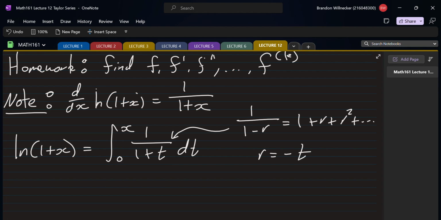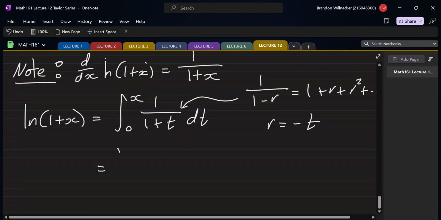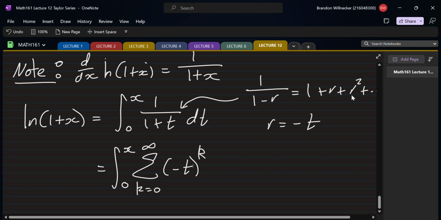Just by substitution, we can see that that's correct. So we can write this as the integral from 0 to x, and instead of writing 1 over 1 plus t, we write its infinite series: the sum from k equals 0 to infinity of minus t to the k. I've just written this infinite geometric series in sigma notation.